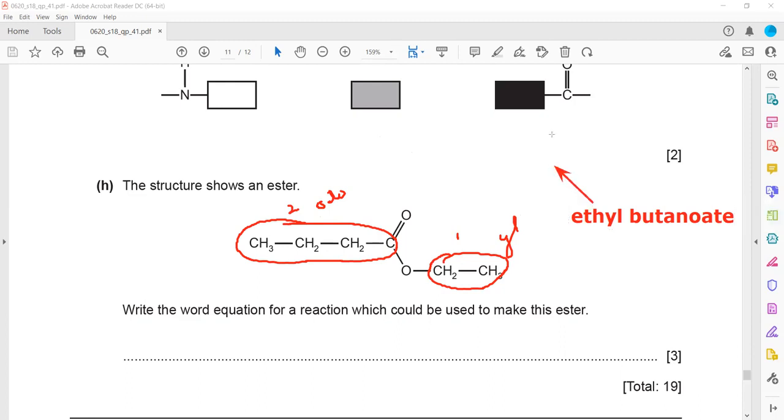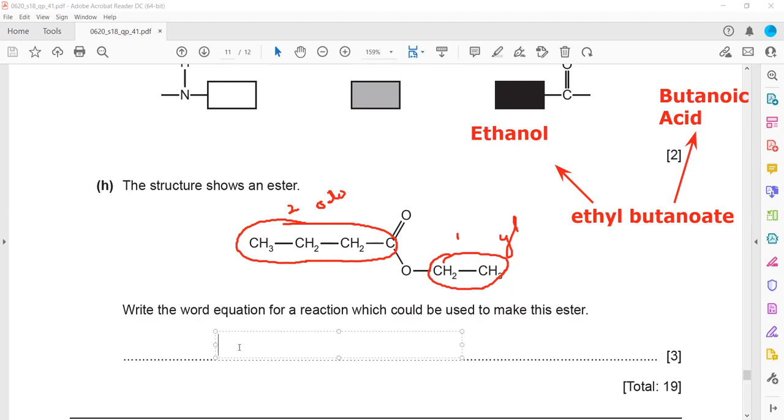So the first part of an ester is always from the alcohol. Which alcohol is there? That is ethanol. And which acid? The second name is always from the acid, so it means butanoic acid. So for the word equation for formation of ethyl butanoate, first we identify the ester, ethyl butanoate. The first name is from the alcohol and the second name from the acid.